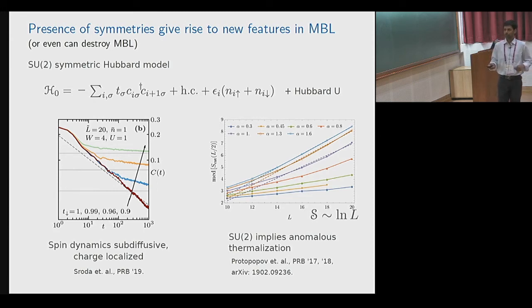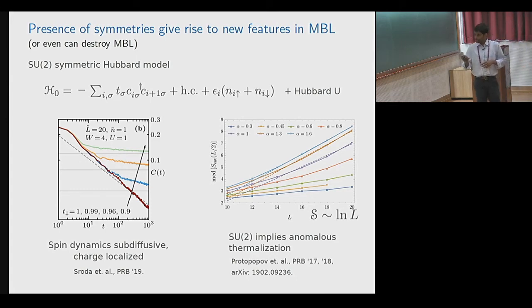Here we already know that there is a charge which is localized, but one can show, this is a spin correlation function as a function of time, and what you see is that t equals 1 is the SU(2) symmetric point, and this is the way of going away from the SU(2) symmetric point. At the SU(2) symmetric point, the spin has sub-diffusive dynamics. And as you go away from the SU(2) symmetric point, you start to see more and more flattening of this data, which implies that there is localization.